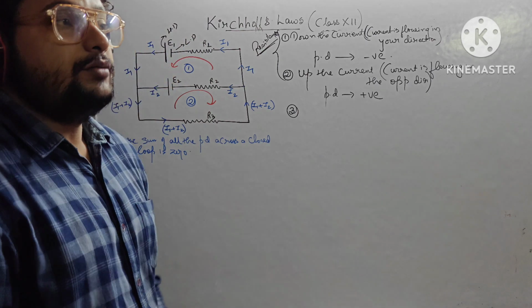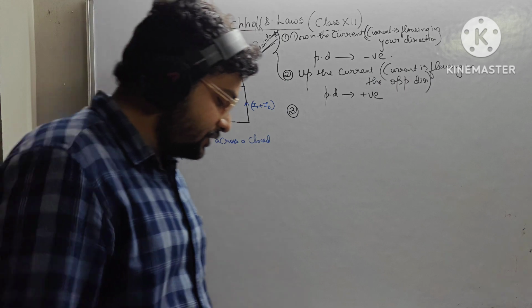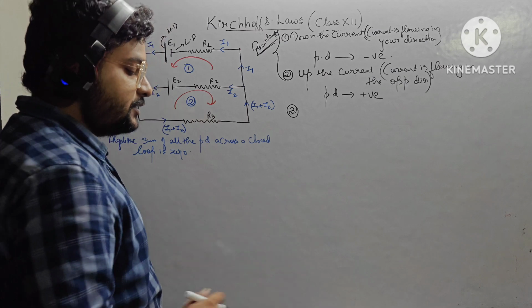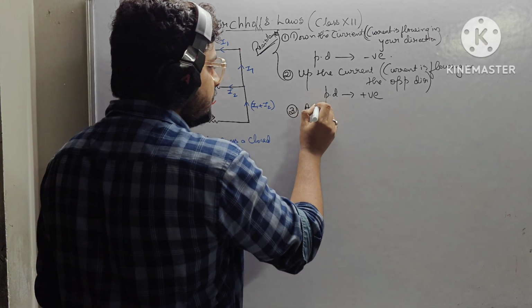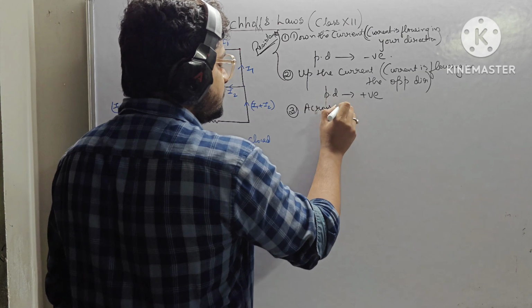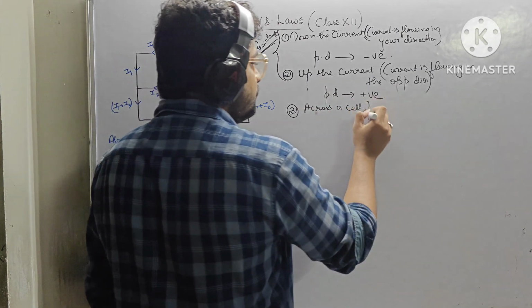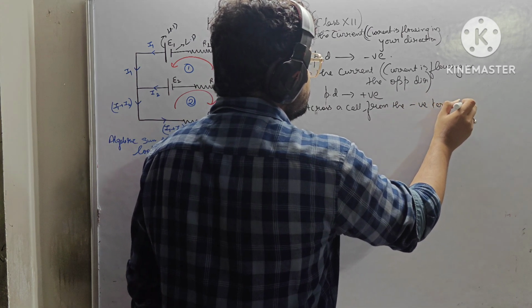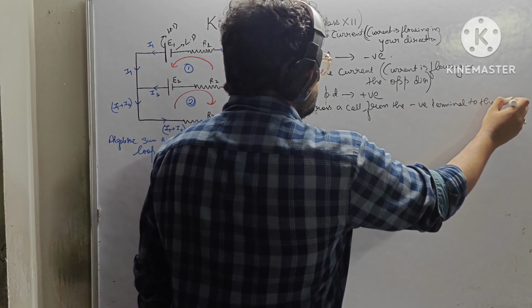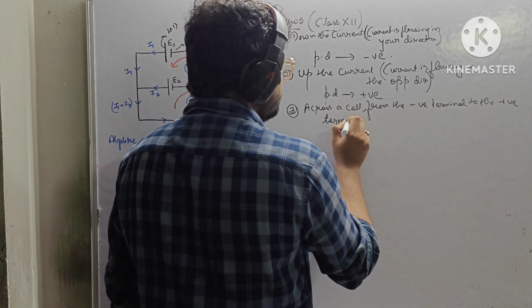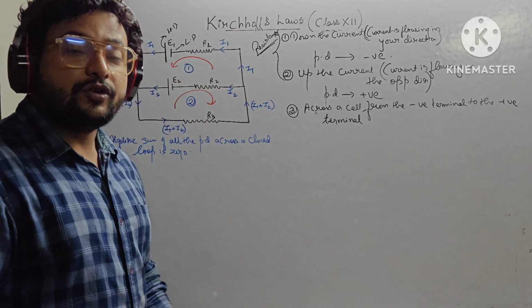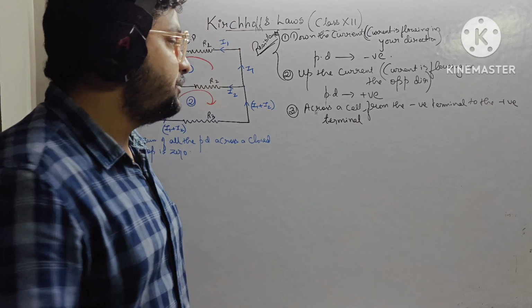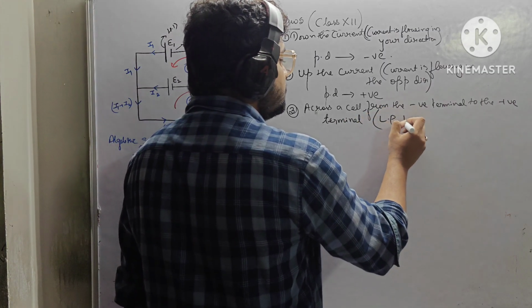Across a cell, if you are going from the negative terminal to the positive terminal, that means from the lower potential to the higher potential.